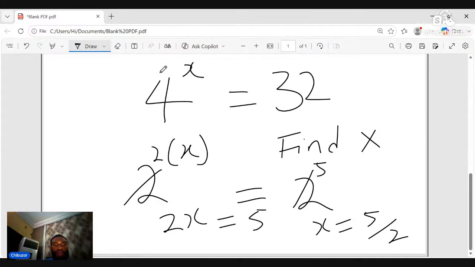So you now change 4 as 2 raised to power 2 in bracket x, and then do for the other side 2 raised to power 5. Then cancel out 2 and get 2x is equal to 5. This will give you x is equal to 5 over 2. Is it clear?